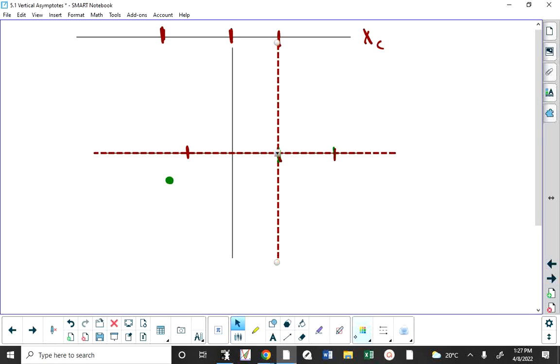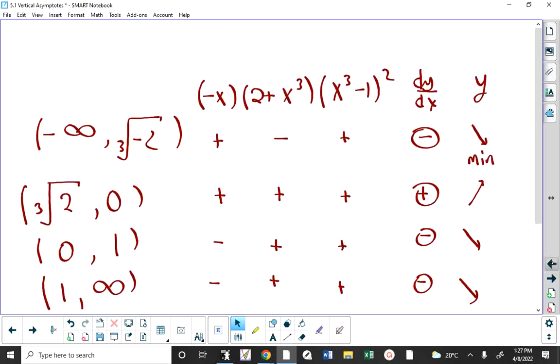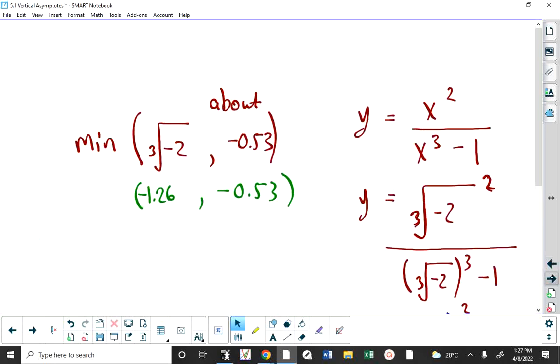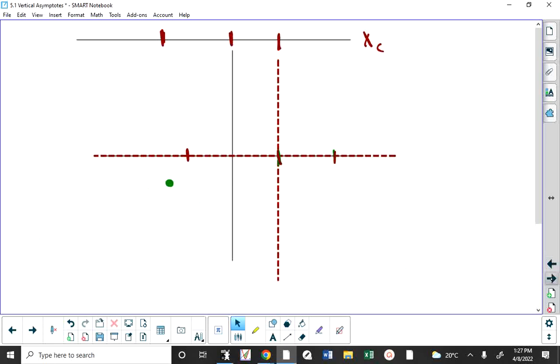Which means, everybody, if you look at the top here, left to right, there are 4 sections to this graph that the first derivative tells us about. The first section of the first derivative tells us the function is decreasing. But we know there's a horizontal asymptote on the x-axis.